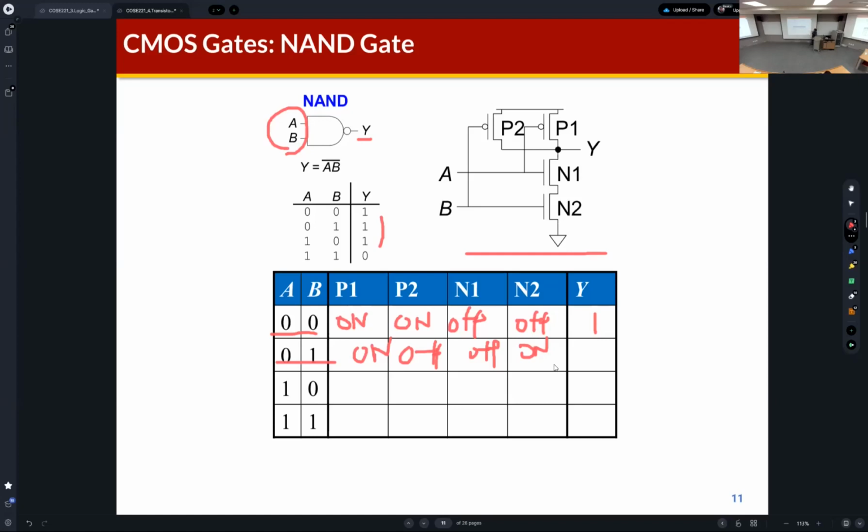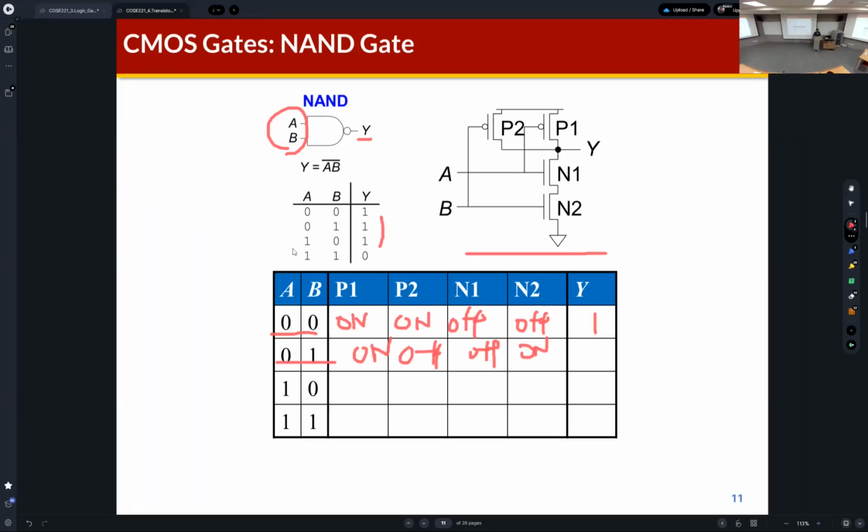So in this case, Y is connected to the VDD, but the NMOS transistors are connected serially. So if one of the NMOS transistors is off, then Y is disconnected from ground, right? Because the NMOS transistors are connected serially.